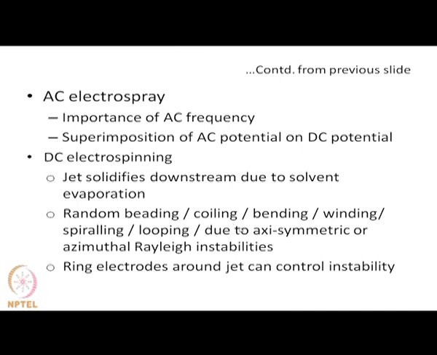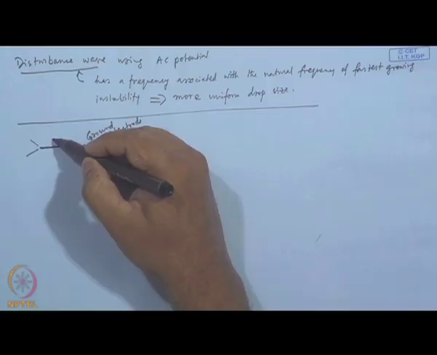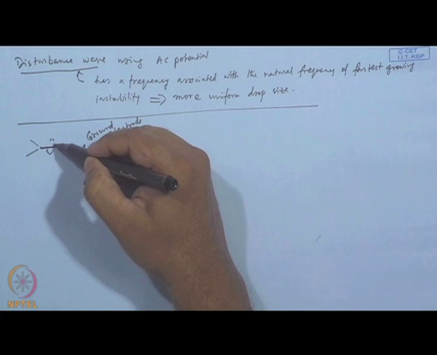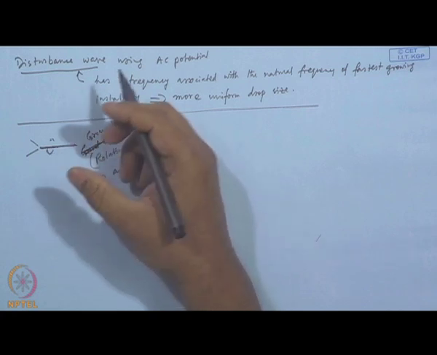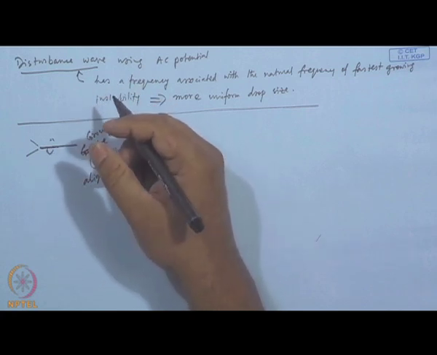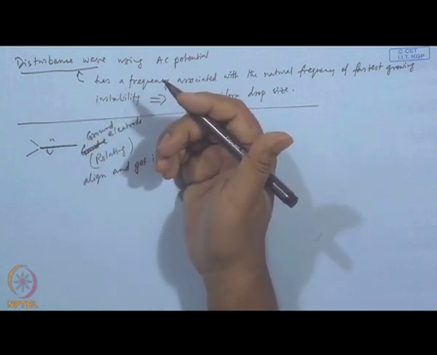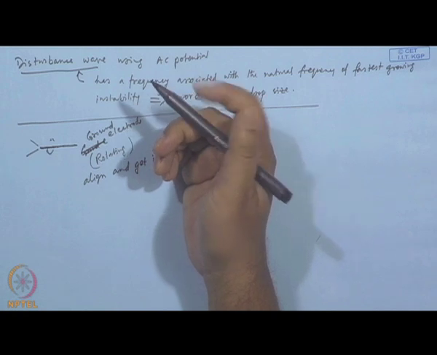And one can control these by the use of ring electrodes around the jet, so that instability is less. So, there are ways to do it, and this is known as DC electrospinning.